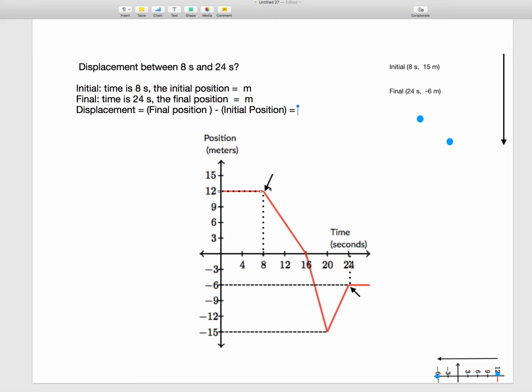When I do this, for the initial position, the time is 8 seconds, and then the position is 12. So let me just mark it here.